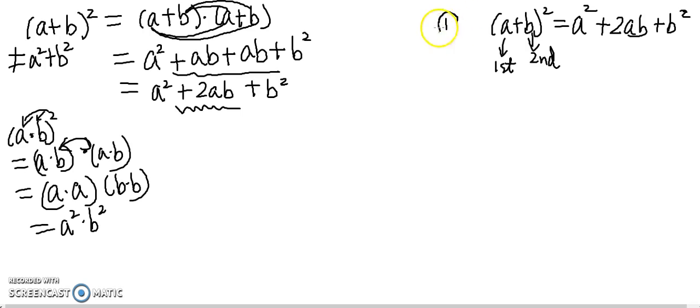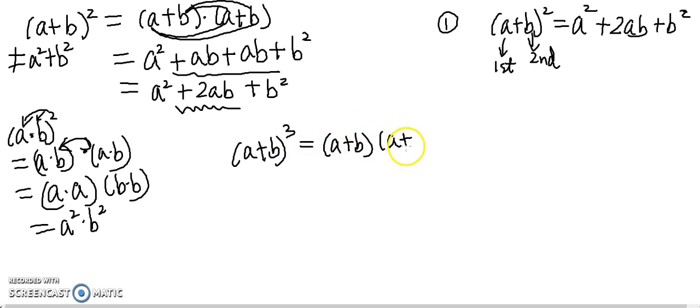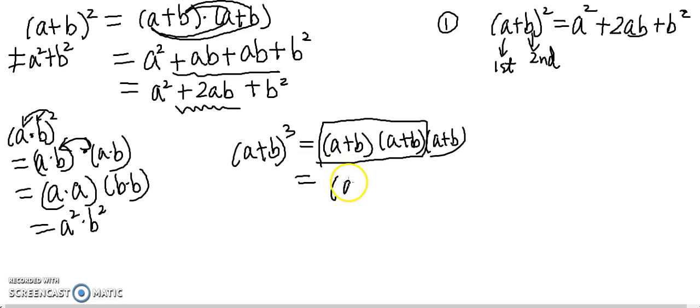The second formula is going to be (a+b)^3. And we know (a+b)^3 is 3 copies of (a+b). Of course, (a+b) times (a+b), we have to do the first two, and we just use the first formula. (a+b)^2 is a squared plus twice the first term times the second term plus b squared, and times another (a+b).